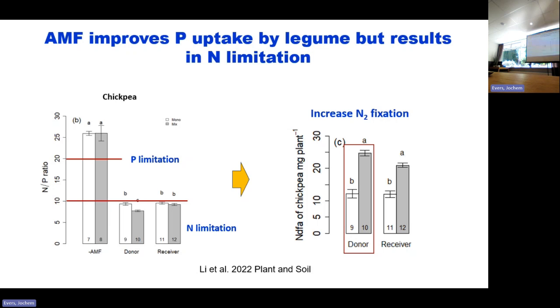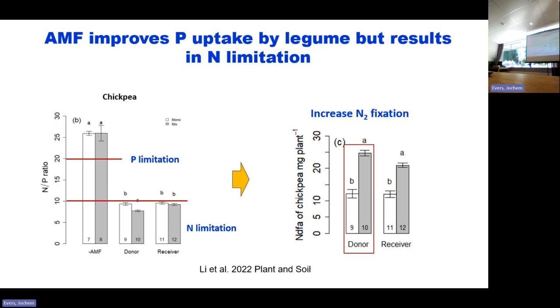But without P limitation, there is nitrogen limitation for the legume, for the chickpea. Then this nitrogen limitation stimulates the legume to fix more nitrogen from the atmosphere. So there is also complementarity in nitrogen use in this system.